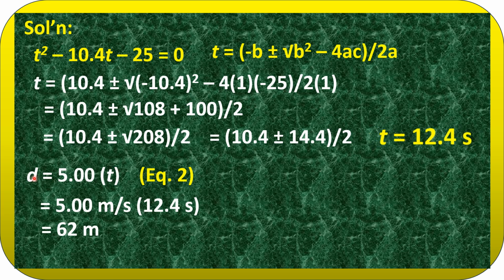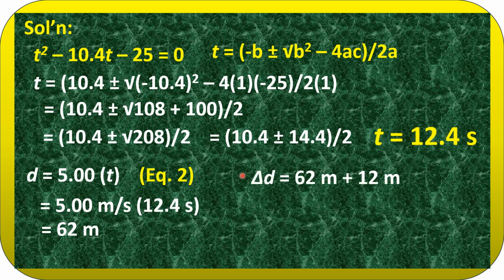So earlier we said that this d is the distance traveled by the bus during the time elapsed equal to 12.4 seconds. And the question is actually asking for the distance that you need to run in order to catch or overtake the bus.